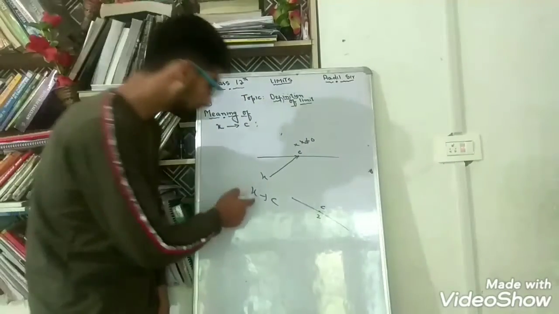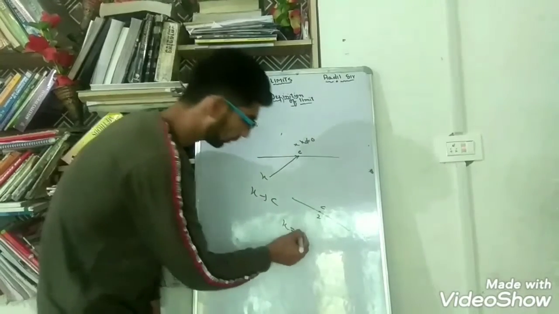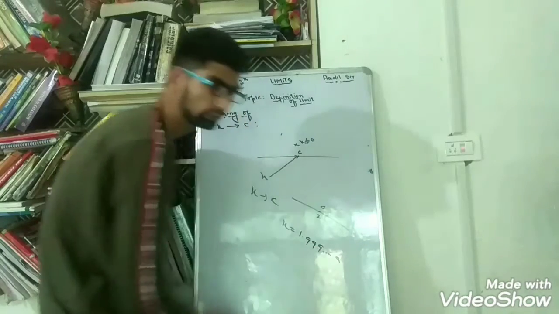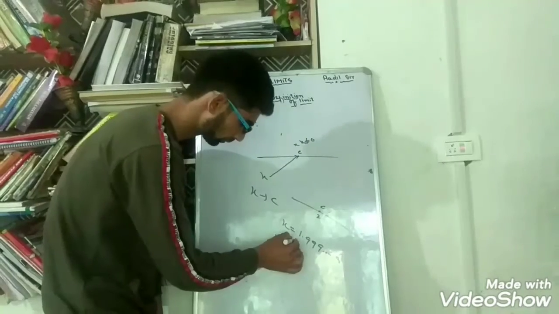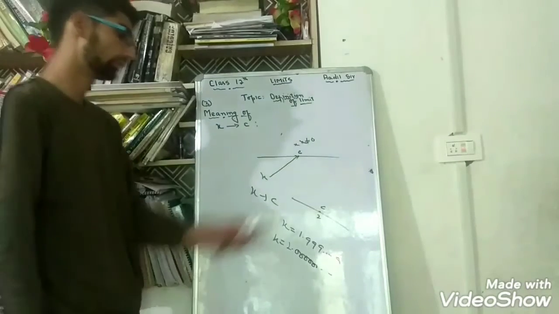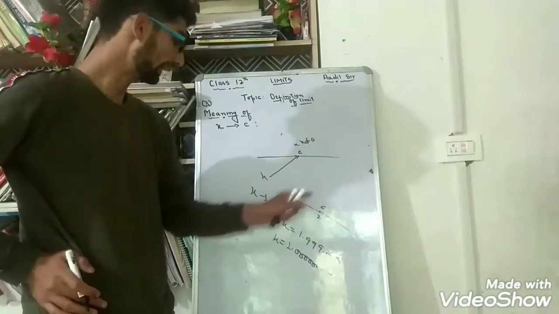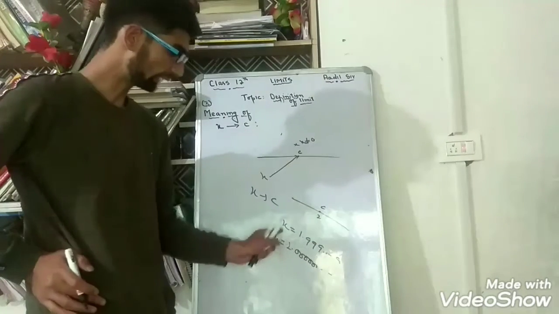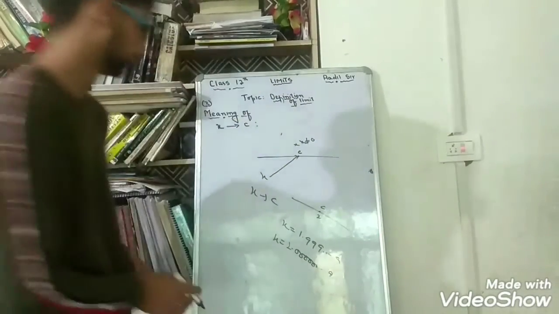Then x tends to c if we take the values of x as 1.999 and so on, and x equal to 2.000 and so on, up to 9.